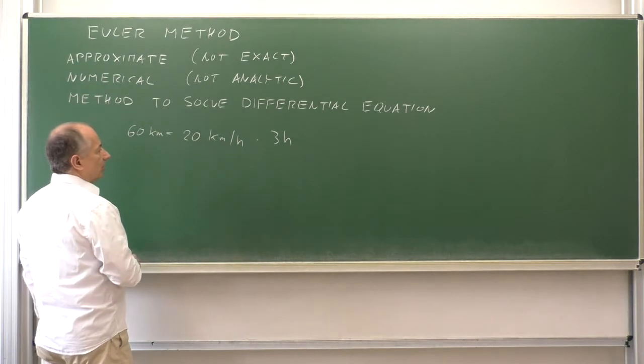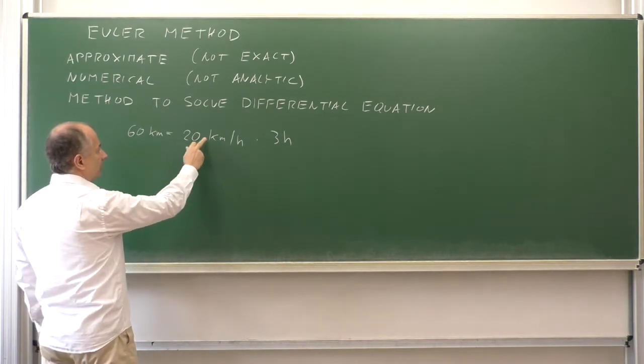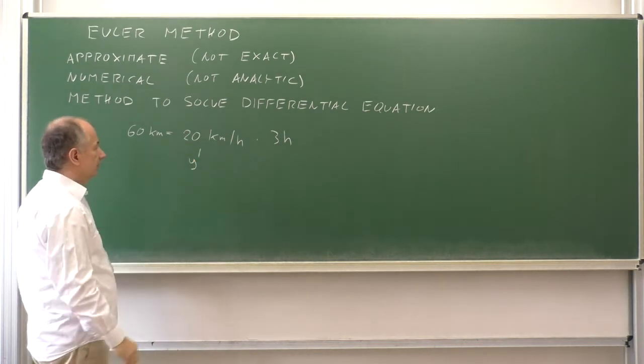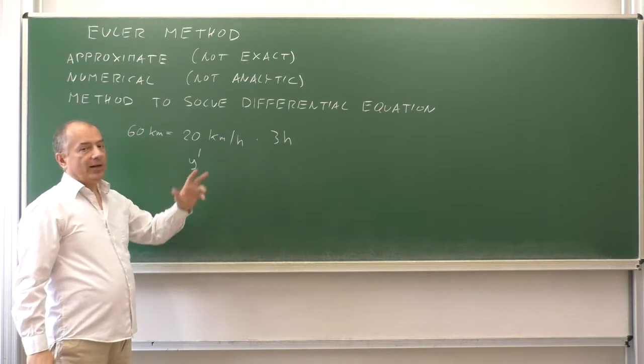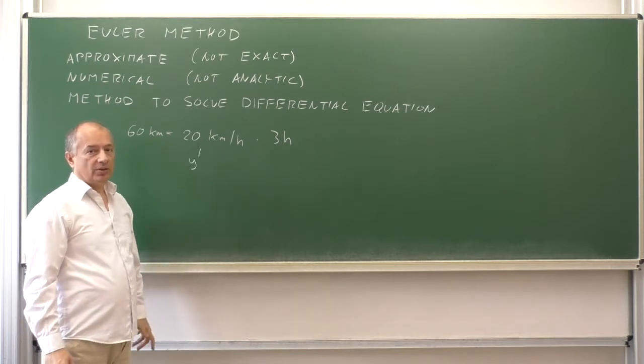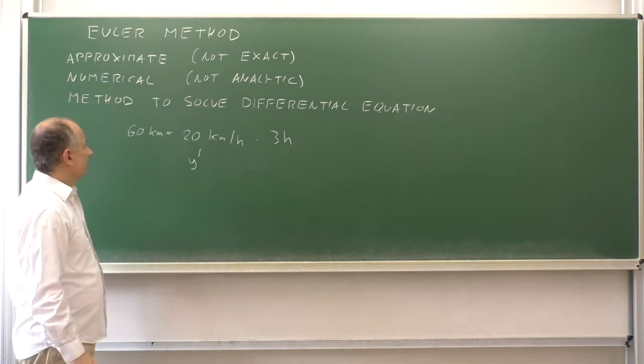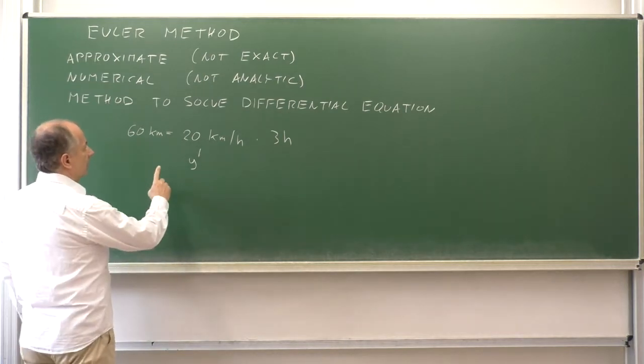We will call the velocity y derivative, where x, the independent variable, is time, and the distance is y.